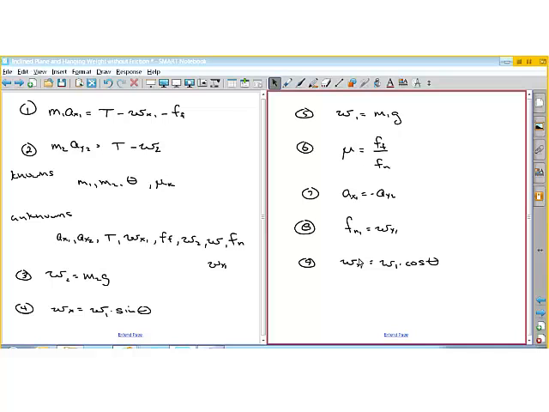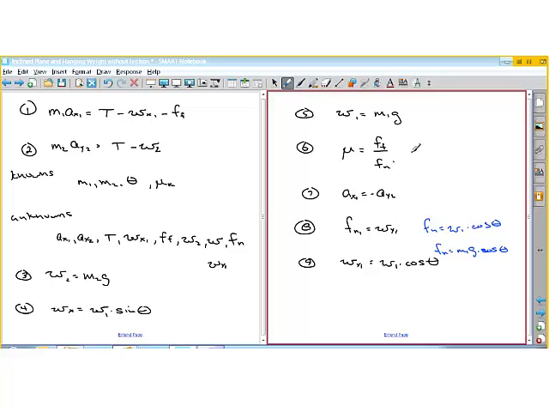So this is W sub y. I can plug that in there. I know that the normal force is W sub y1, but that's W1 times cosine of theta. But W1 is equal to M1G, then times the cosine of theta, which I can plug in to here.